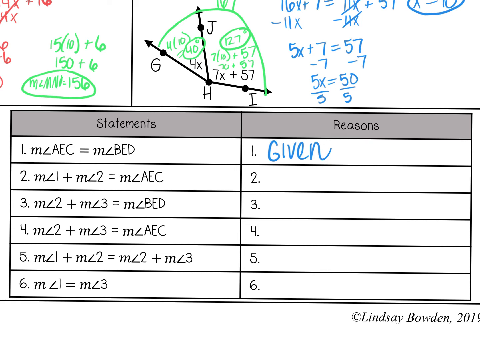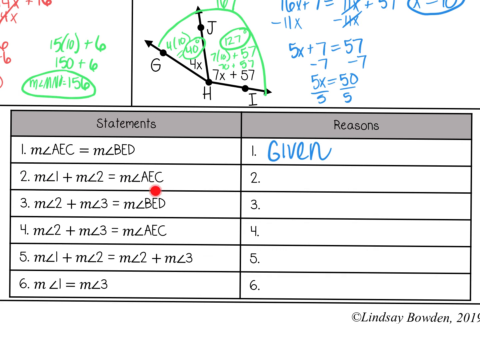So we were given AEC, so let's highlight that. Okay, so AEC is equal to BED. So we're trying to prove that the measure of angle 1 is equal to the measure of angle 3.